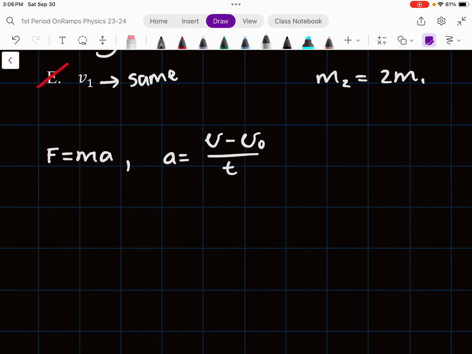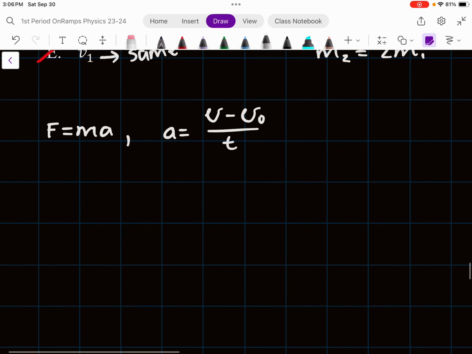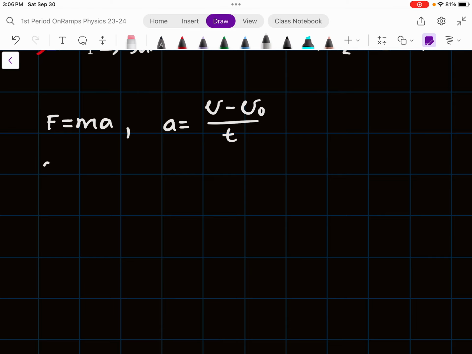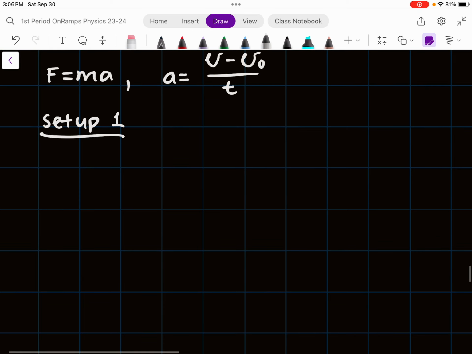And we know, let's say for setup number 1, for setup 1, we know that force 1 is going to be equal to mass 1 times acceleration 1. Well, the force is the same, so then we can say force is equal to mass 1 times acceleration 1.